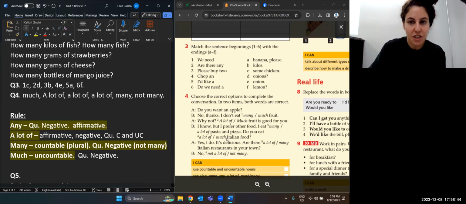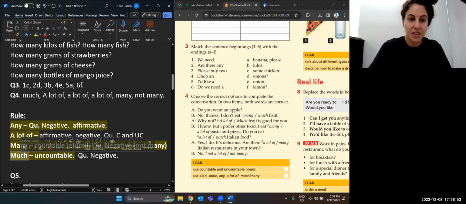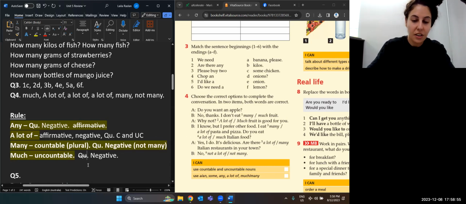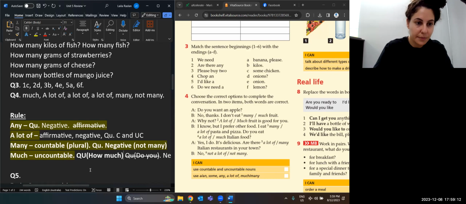We don't say, do you eat much cheese? Do you eat much rice? It's uncountable. And we do it in a question with how much, only when it begins with how much. But question not with do you. So maybe that's the difference. You do not make a question with do you, but only, yes, question with how much. So I will put question, but how much, yes, but not do you.